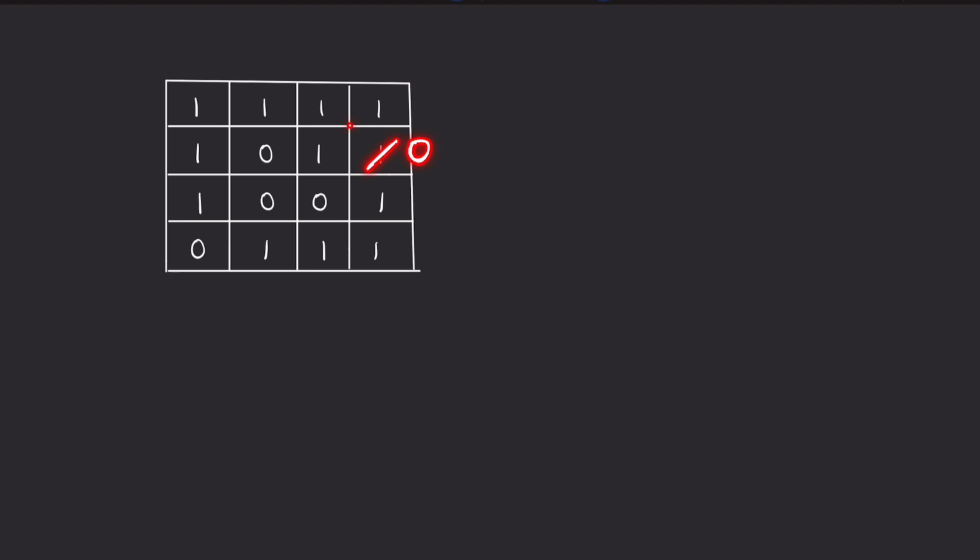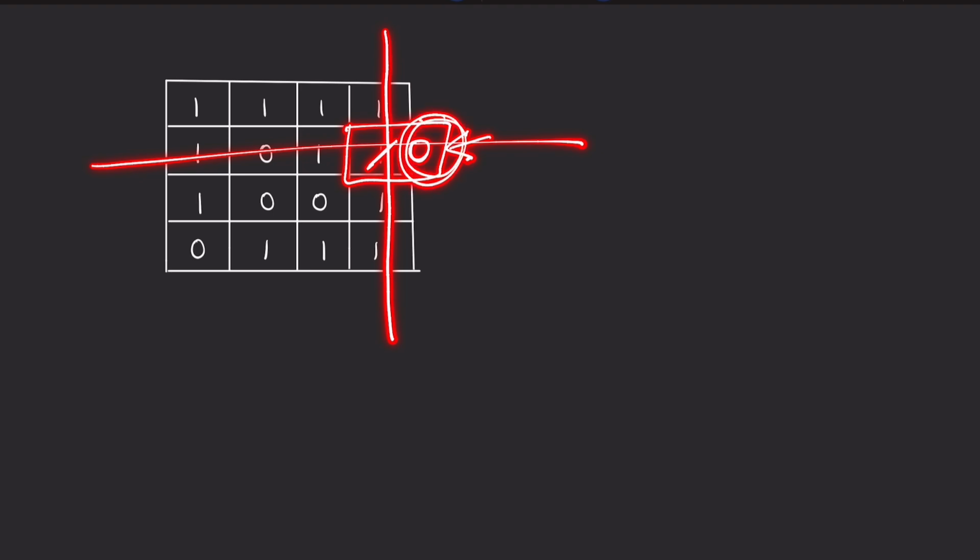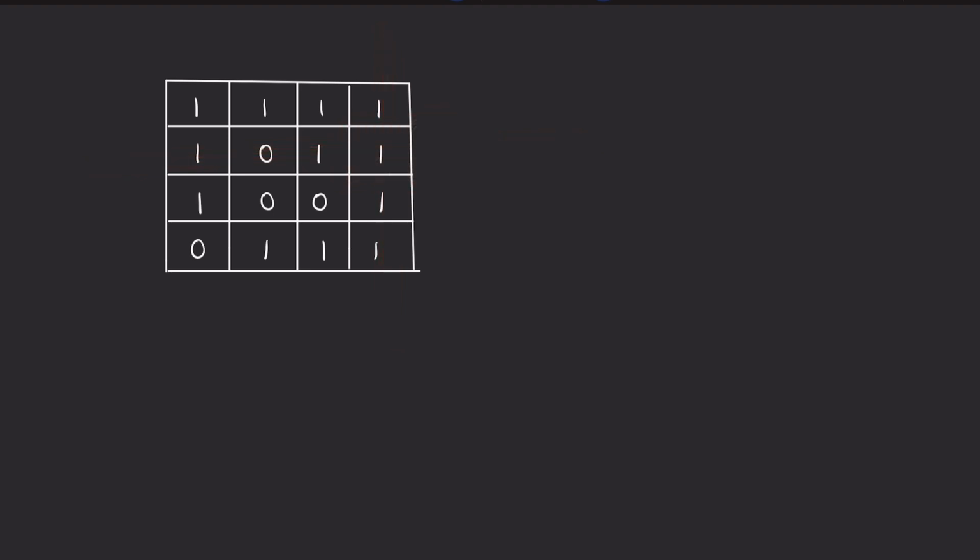Now when you come to this cell, you will see that it has the value 0, so you will mark this entire column and row as 0 because of this 0. But ideally here 1 was present, which means this entire column should not be updated to 0, right? So this is not the right approach.